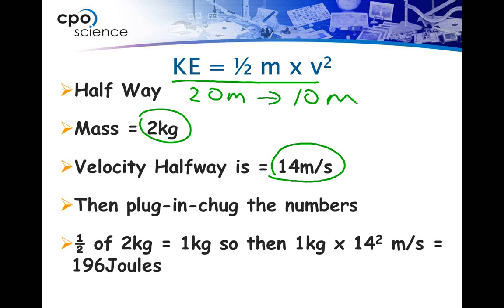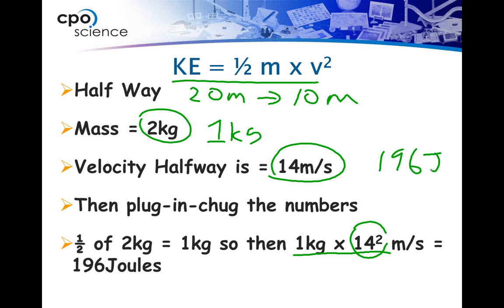Half the mass times the velocity squared. My mass is 2 kilograms. Half of that is 1 kilogram. Remember, ladies and gentlemen, the velocity is squared, so it's 14 times 14 first.